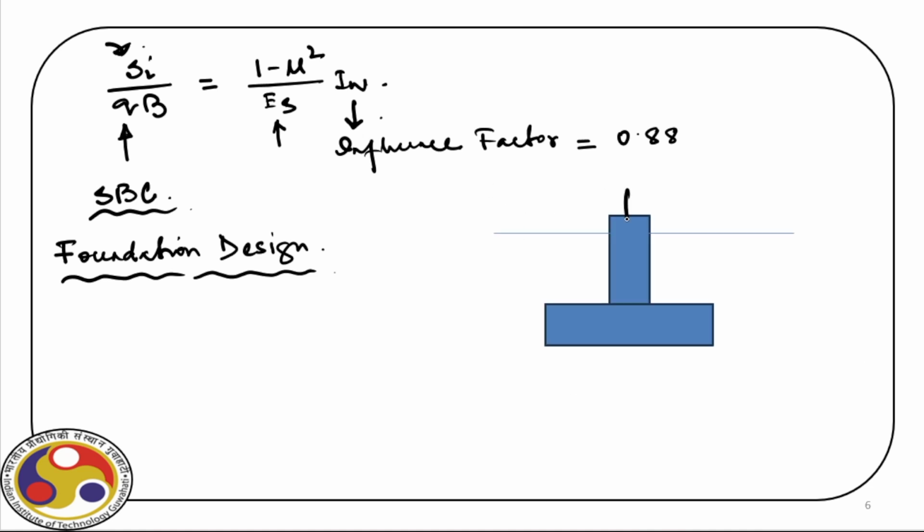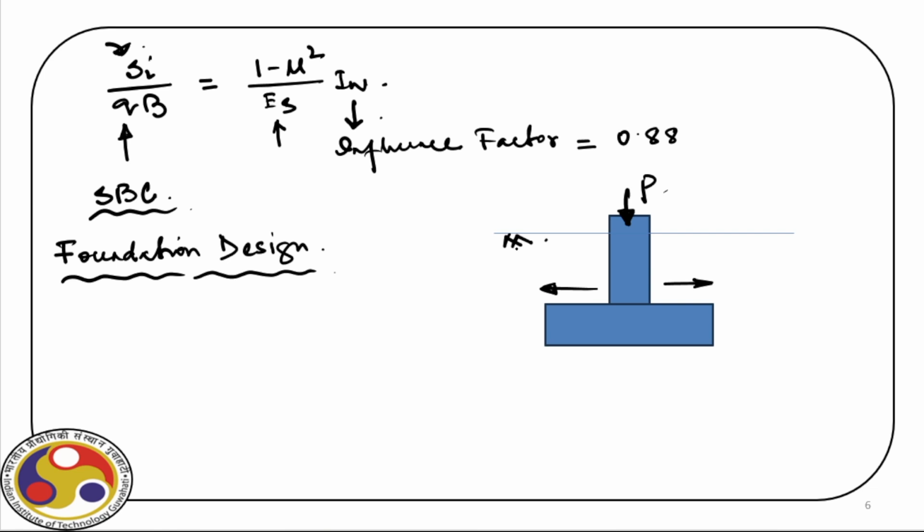So we have the load coming from the column, and the question we want to first answer is, what will be the extent of this pad below this foundation? How big can we provide this pad? And if we provide a larger pad, will it be effective? So let us see how we can quantify that.